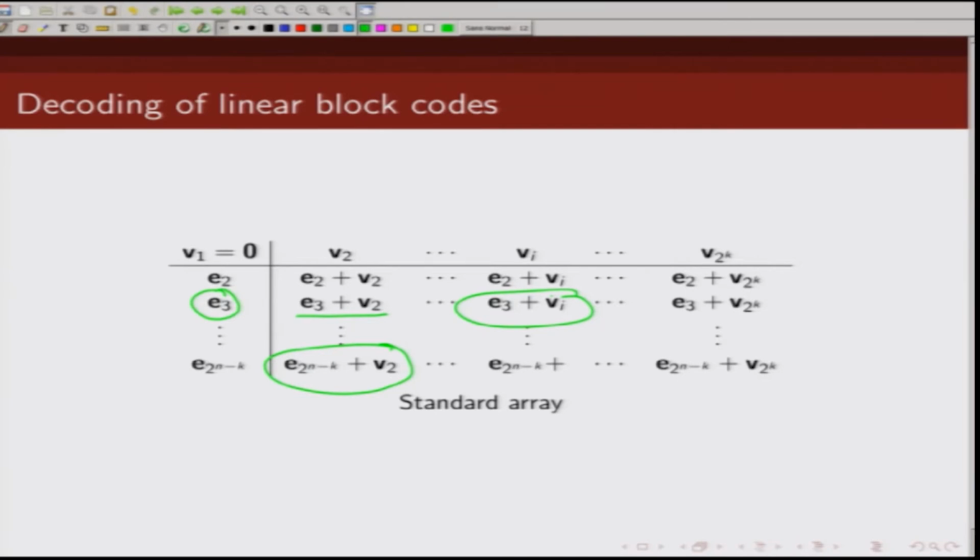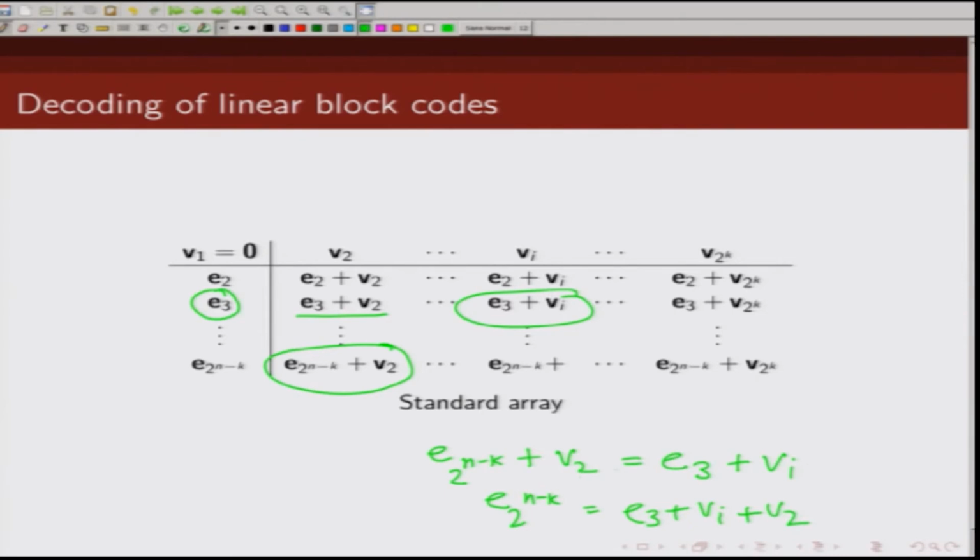If these two elements are same, then we can write e_{2^{n-k}} plus v2 to be equal to e3 plus vi, correct. Now, we can write this e_{2^{n-k}} as e3 plus vi plus v2. Why? Because these are all binary words. So, when we add 1 plus 1, that is basically 0. So, we added v2 to both the sides.